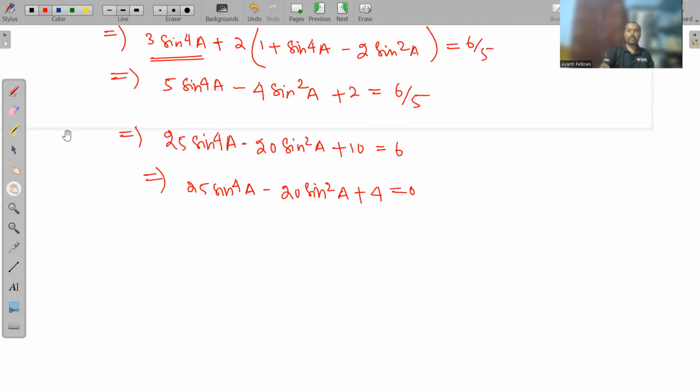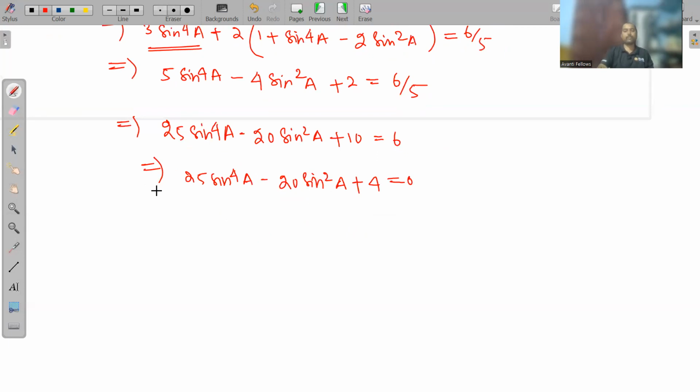So can you tell me what is the left hand side of this equation? We are getting a perfect square on the left hand side, that is 5 sin square a minus 2 whole square is equal to 0. So if we solve this equation, we get sin square of a is equal to 2 upon 5.